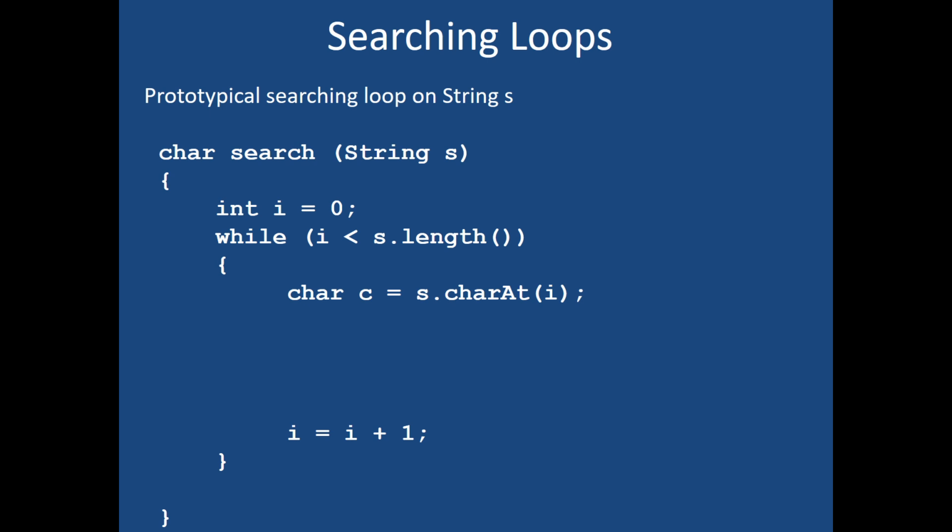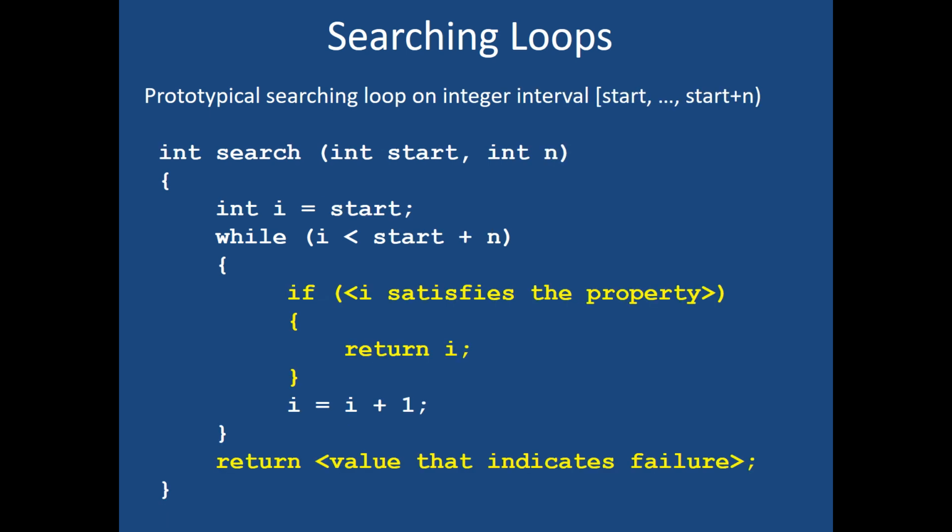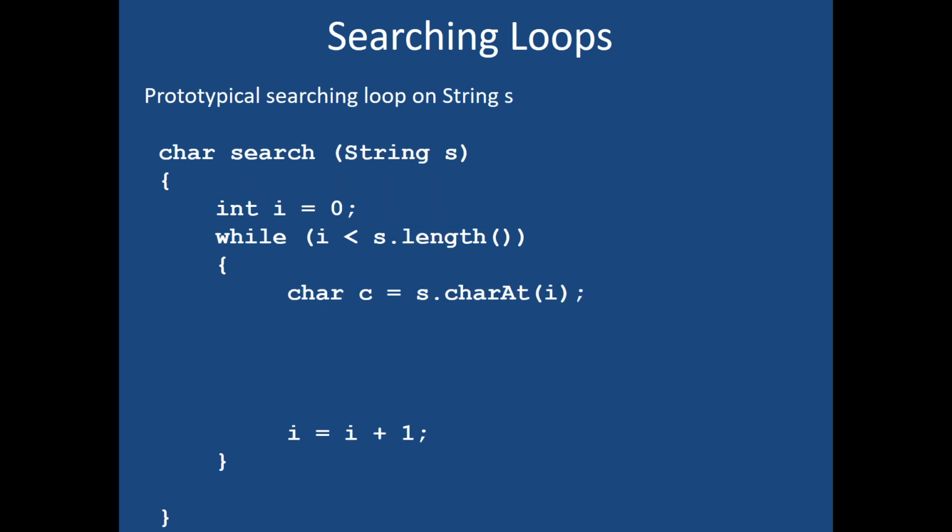Now, what's it going to take to turn this into a searching loop? Remember that to turn the integer loop into a searching loop, we had to add the if inside the loop, and then we had to add a return at the end. So what do you think we do to this one?